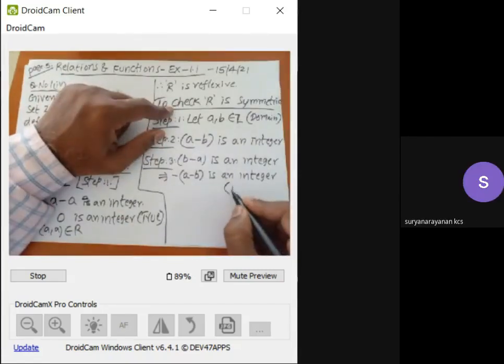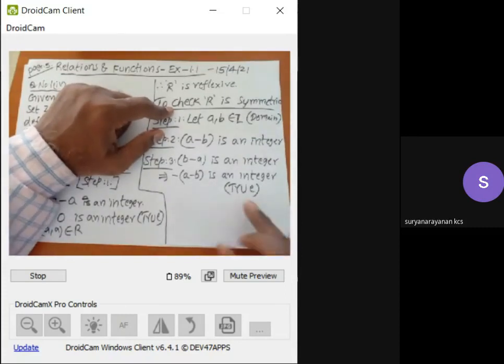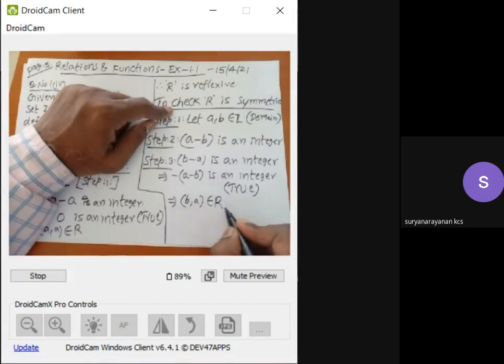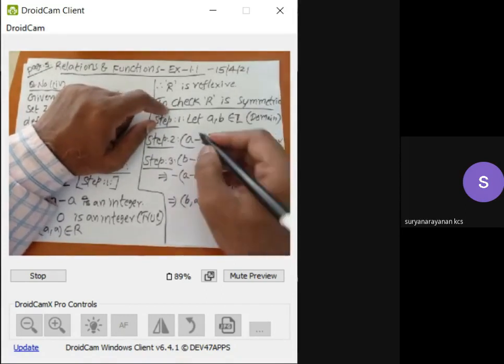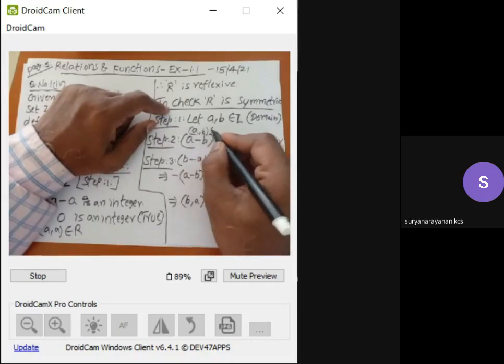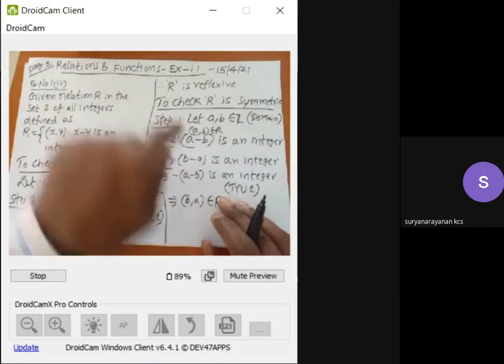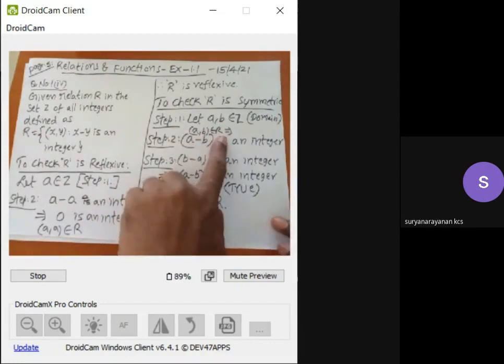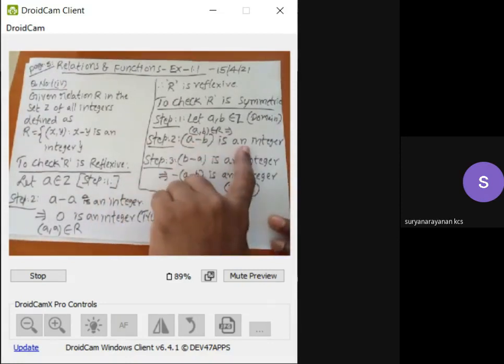So here also we have to check whether this statement is a true statement or not. If this statement is true, we can write here ordered pair b comma a belongs to R. We have taken ordered pair a comma b belongs to R, which means a minus b is an integer.